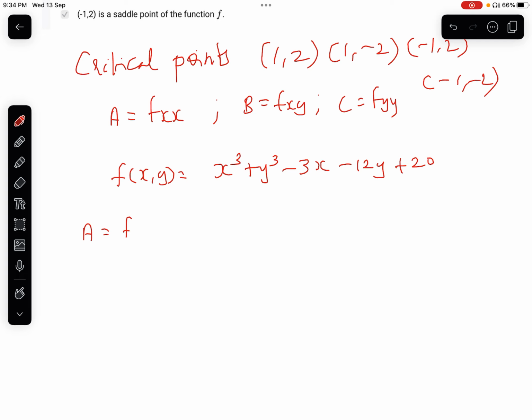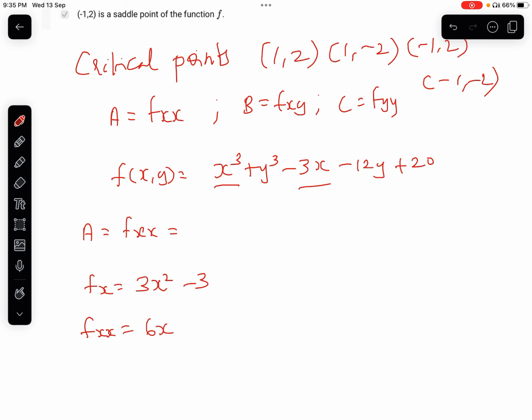So first let us solve for f of x. Differentiating x cube with respect to x we get 3x squared, and the other x term gives 3x squared minus 3, and differentiating again with respect to x we get 6x.